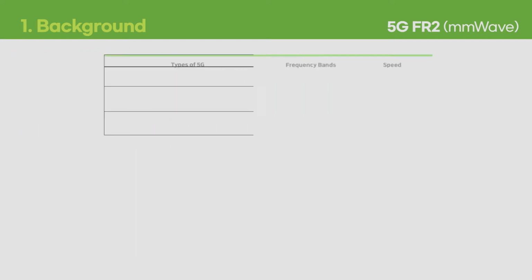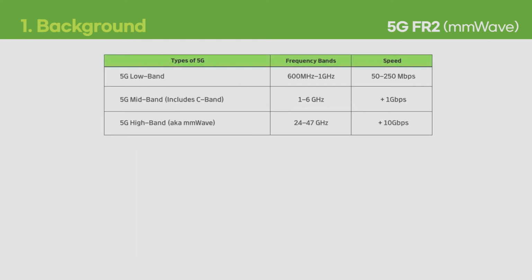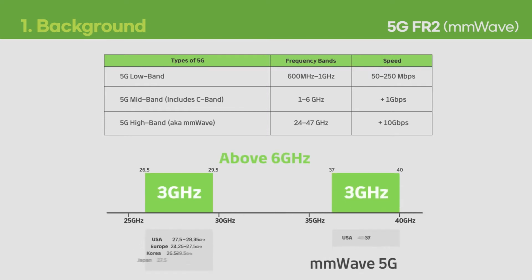However, the true 5G performance can be only reached by using high band, known as mmWave 5G. The low and mid-band 5G use sub-6 GHz frequency band, whereas high-band 5G uses mmWave, which can provide wider bandwidth than any other previous generations. Therefore, we need to focus on mmWave for future communications.